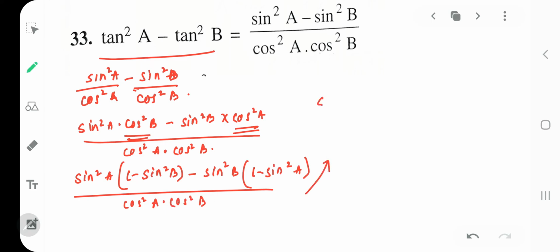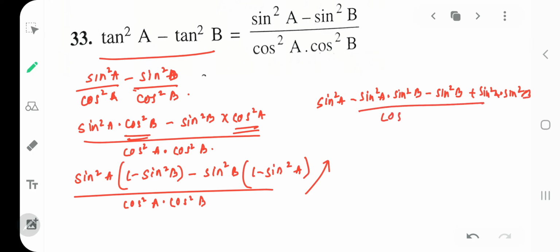Yes, you have to open the bracket. So sin square A multiply with 1, sin square A. Sin square A multiply with sin square B, minus sin square B multiply with 1 plus sin square A, sin square B multiply with sin square A. Upon you have cos square A and cos square B in multiplication.